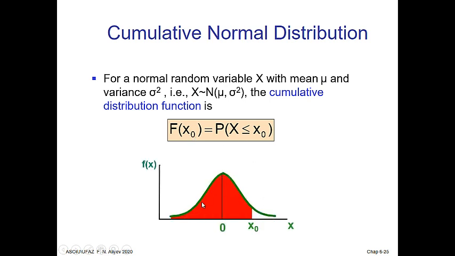In the graph, what does F of x0 mean? It's the left side area under the graph from x0. You see x0 here, the probability of x being less than or equal to x0 is the left side area, the red colored area.